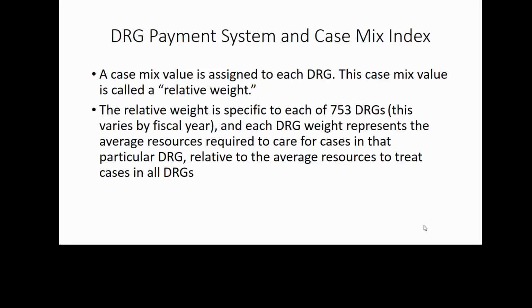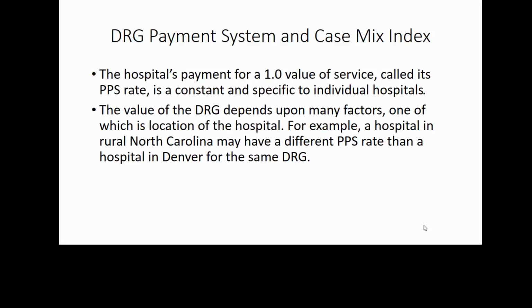I couldn't put my hand on the 2016 table, but what it tells you is each DRG weight represents the average resources required to care for cases in that particular DRG relative to the average resources to treat cases in all DRGs. The hospital's going to have a PPS rate. That's a constant that doesn't change.